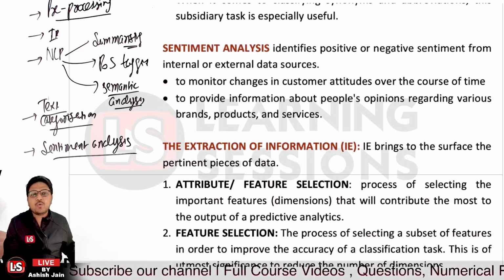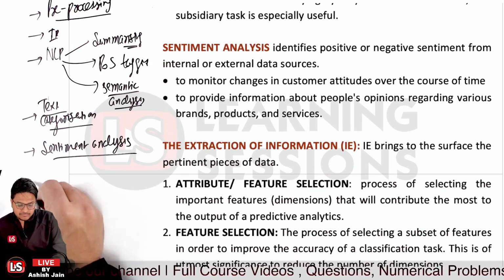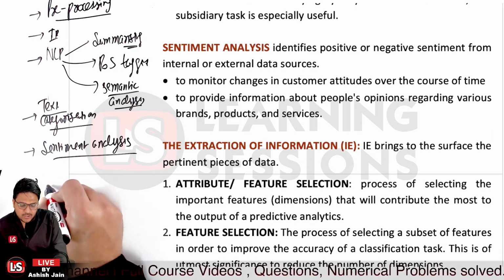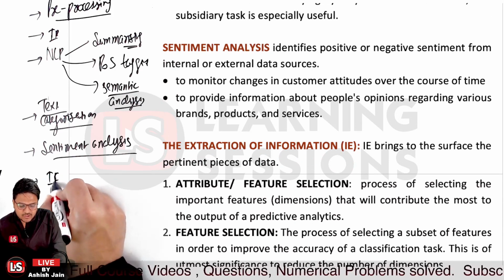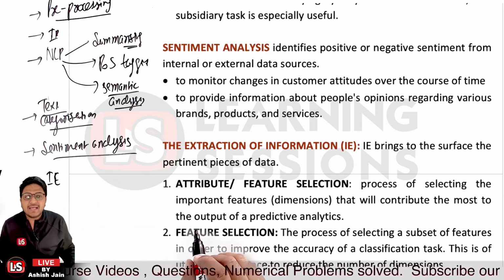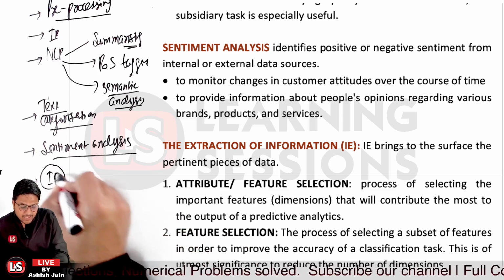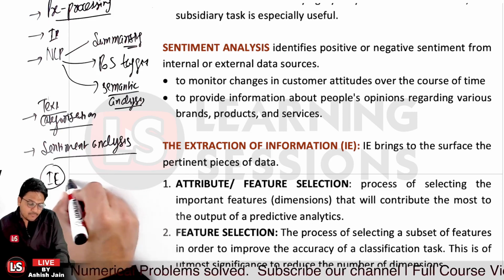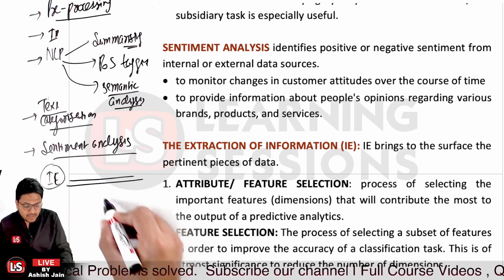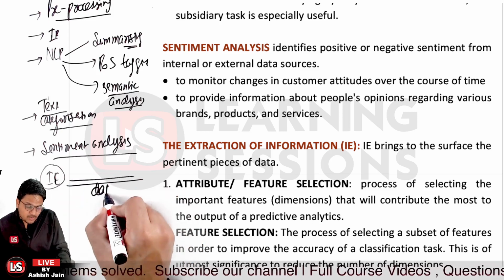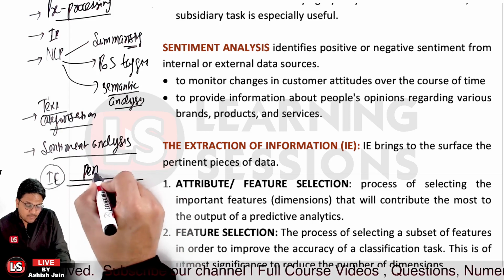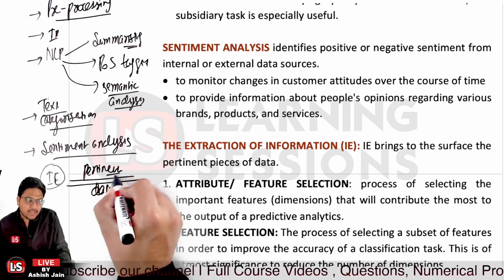And further, it's related to extraction of information, which is information extraction, IE. Now, what is IE? Basically, you are going to get the pertinent information from the data. You have some data with you, and you are looking for some pertinent, crucial, important information, right?